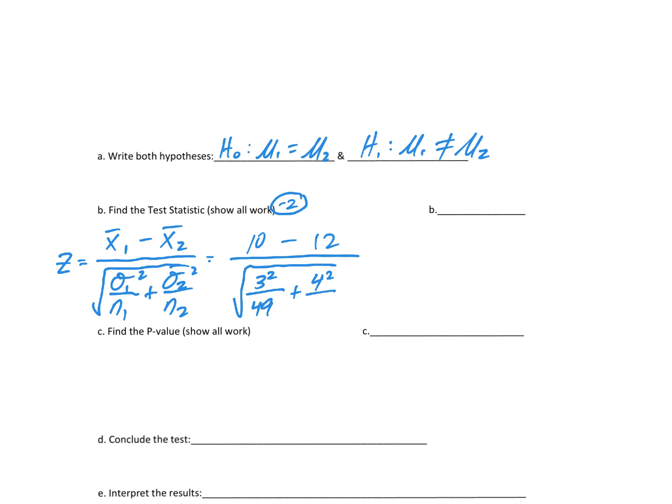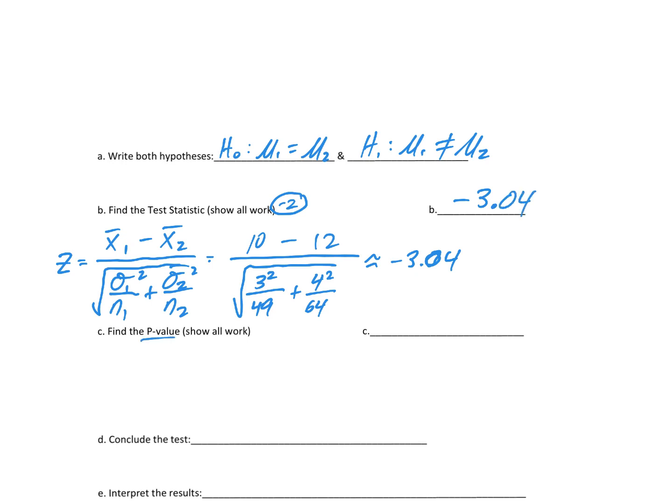Square it. And remember the second had 64 data pieces. Remember it didn't say anything about normal? Well, both of those n's are bigger than 30. Therefore, the central limit theorem takes over, so we're good. Squiggle, squiggle. Remember, if it's a z, it's going to be 2 decimal places. In this case, negative 3.04.